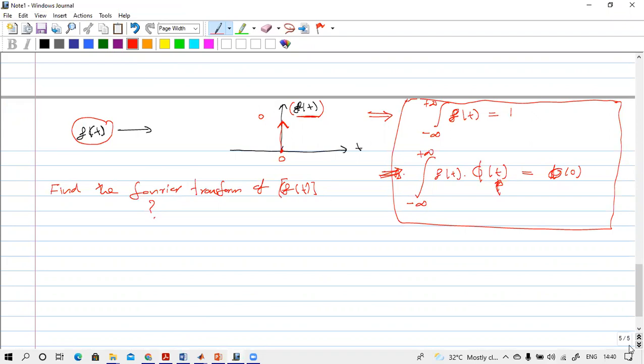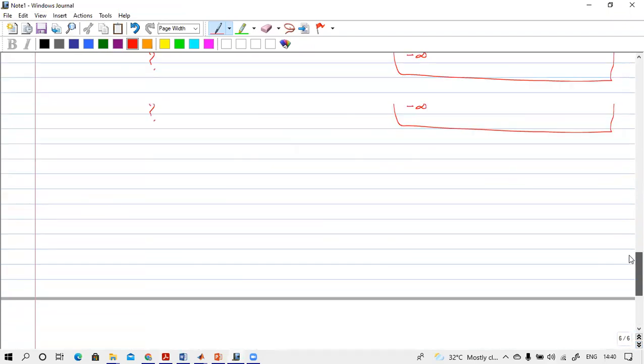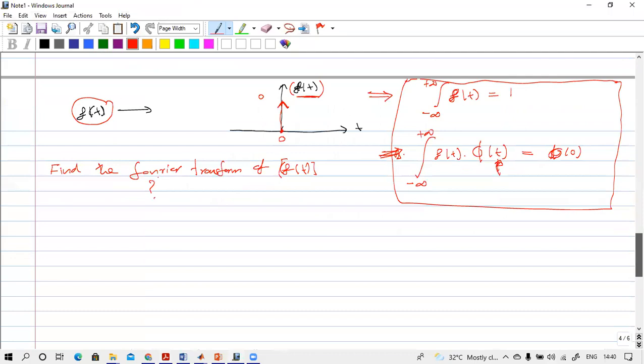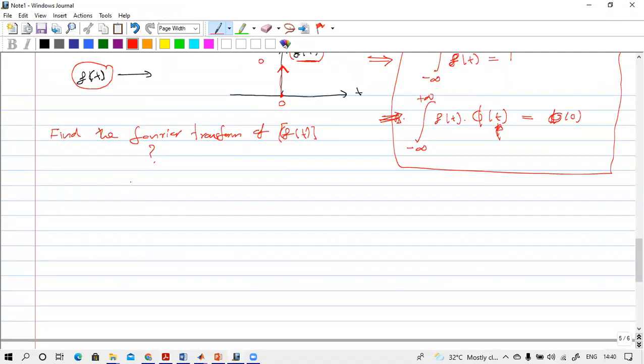So if we are going to evaluate the Fourier transform of the delta t function, by definition we get the integral from minus infinity to plus infinity of delta t e to the power minus j omega t dt.